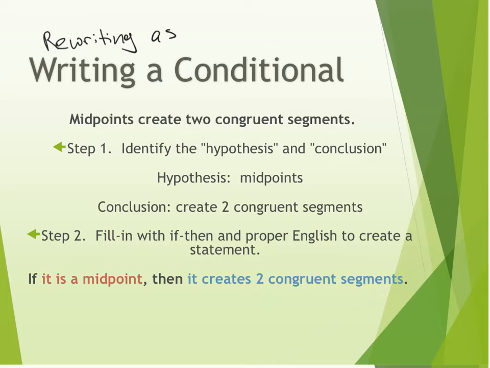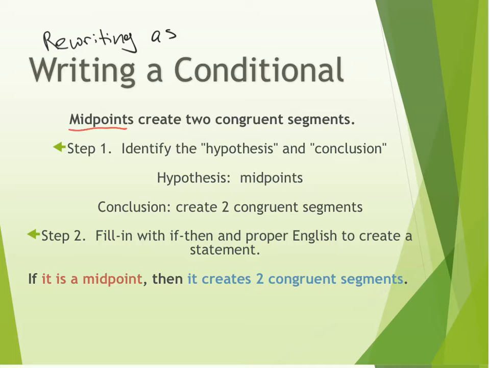But Ms. Stockton, you may say, we don't have an if or a then. How do we know? Well, I answer. Remember, the hypothesis is just the fact you start with. So when you're looking at your statement, midpoints create two congruent segments. What is the fact you're starting with? In this case, it's just midpoints.